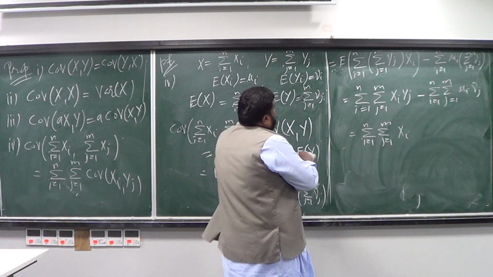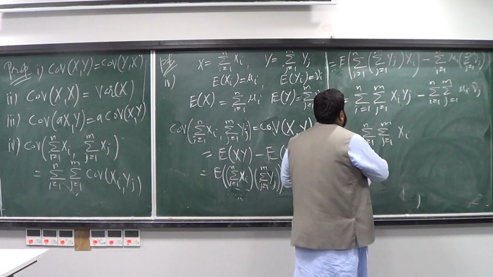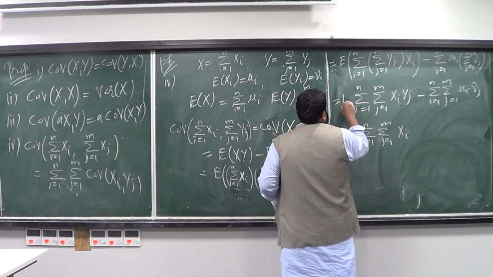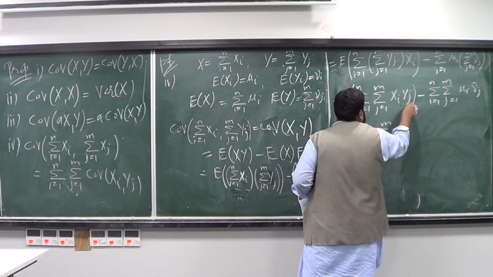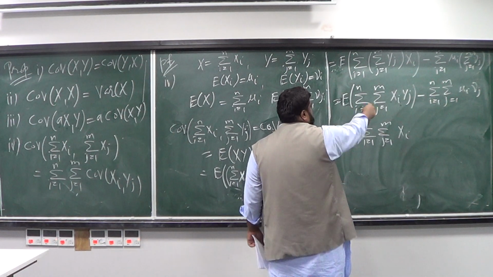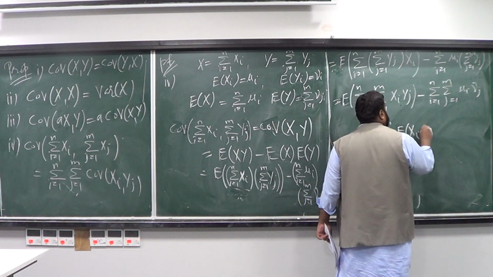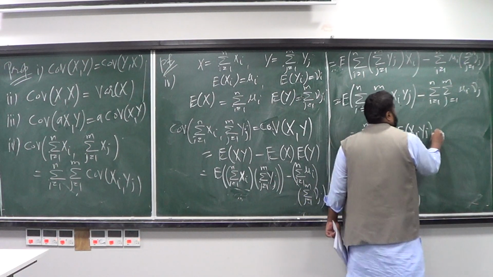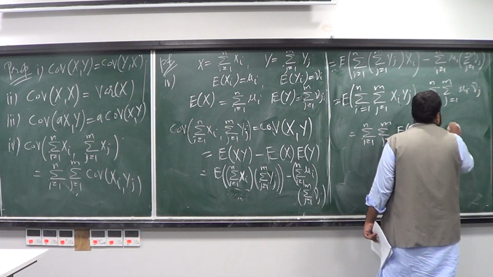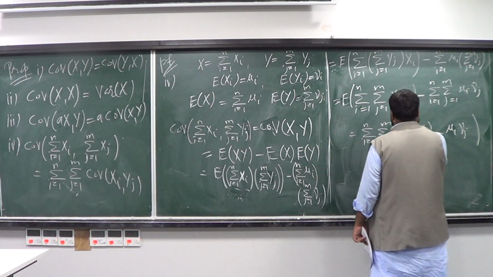So now I have an expectation of Xi Yj, so I can put an expectation here. This must be the same as the expectation of the sum being the sum of the expectations. This must be the same as the expectation of Xi Yj minus mu i and mu j. This is what you're going to get.